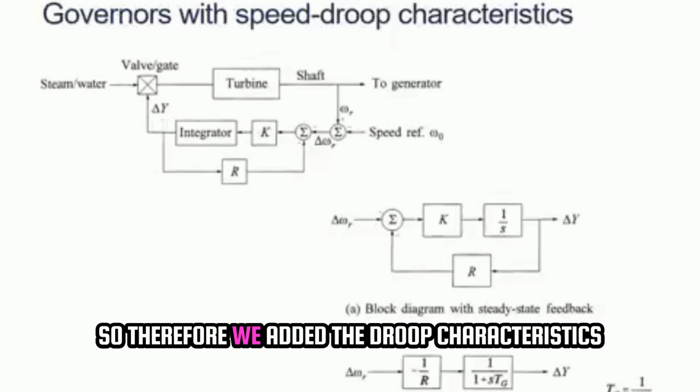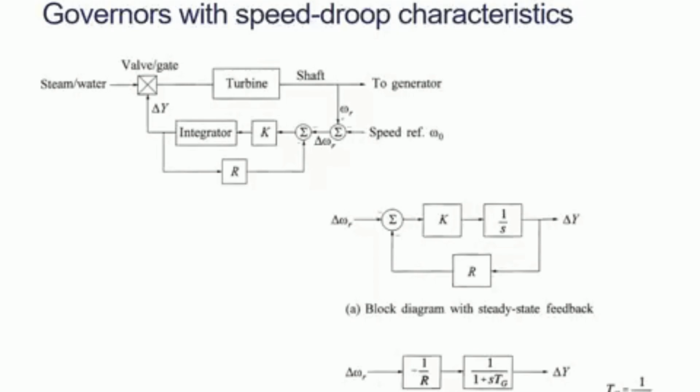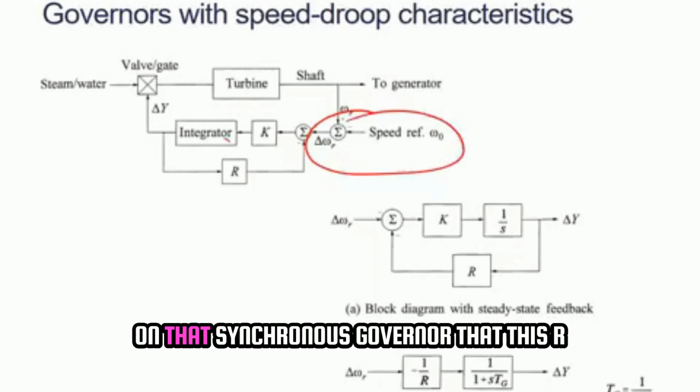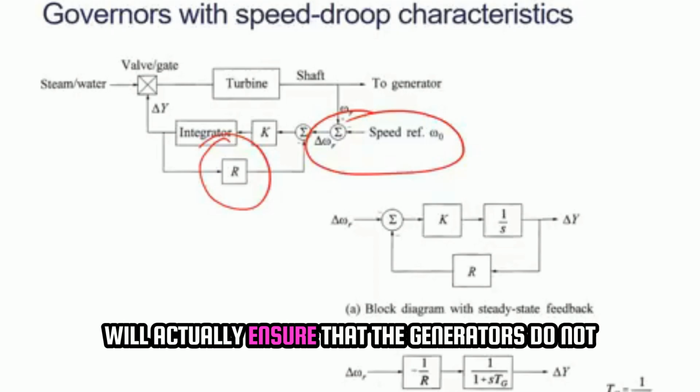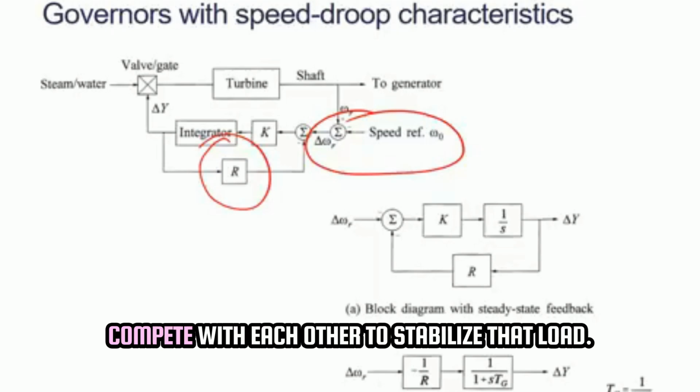So therefore, we added the droop characteristics on that isochronous governor. This R will ensure that the generators do not compete with each other to stabilize that load.